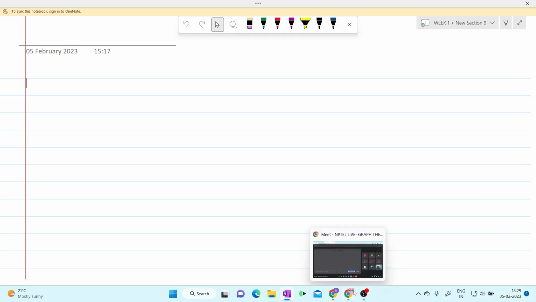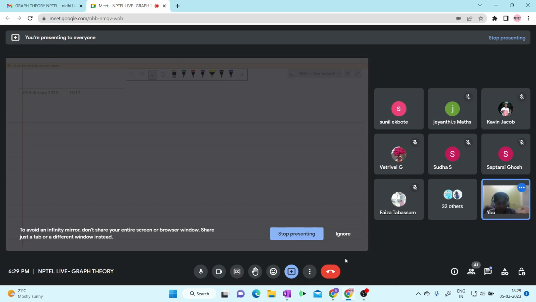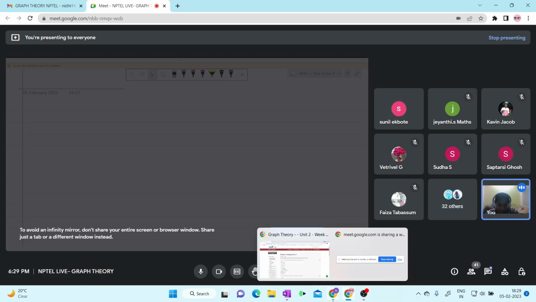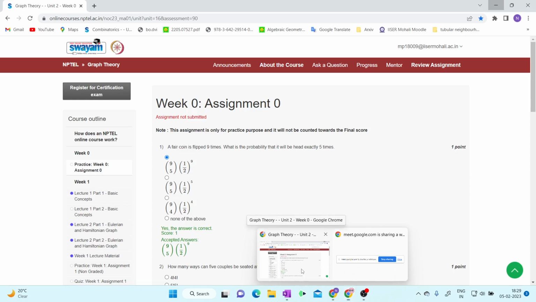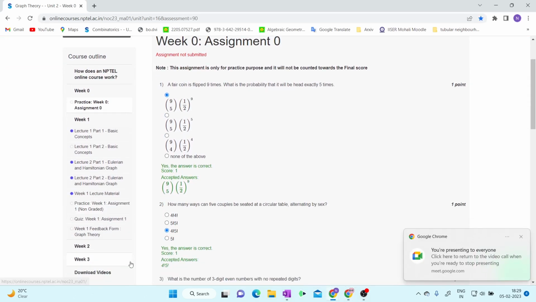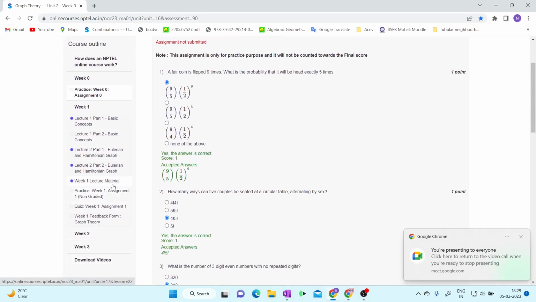If you can solve them directly, then it's fine. But in assignment one also there is one question on probability, question number 8.